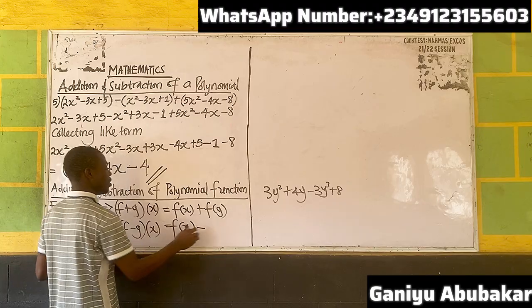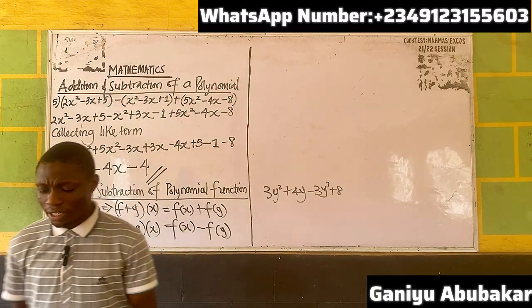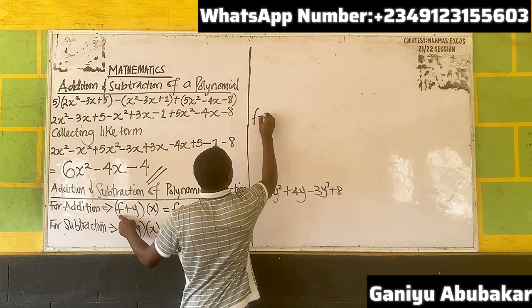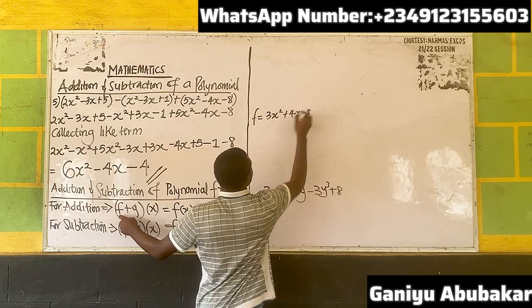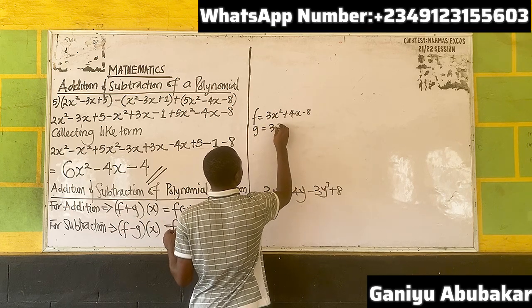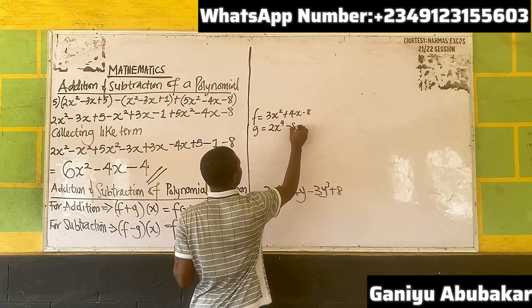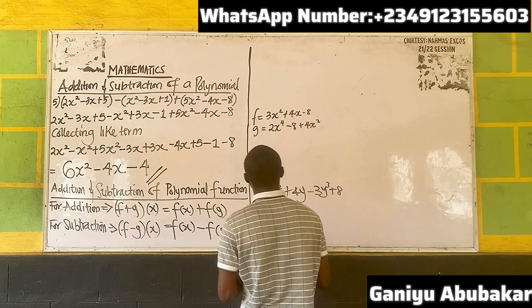Here's how it comes. They can give you f as 3x squared plus 4x minus 8, and g as, let's say, 2x to the power 4 minus 8 plus 4x squared.